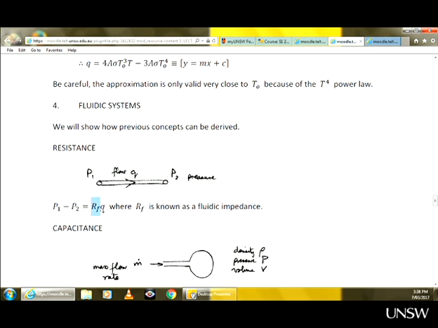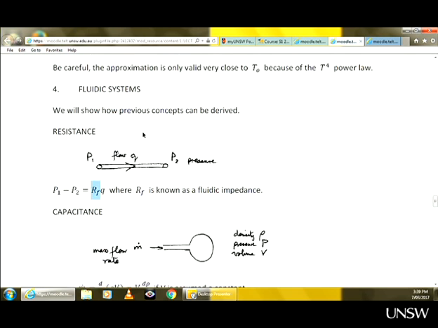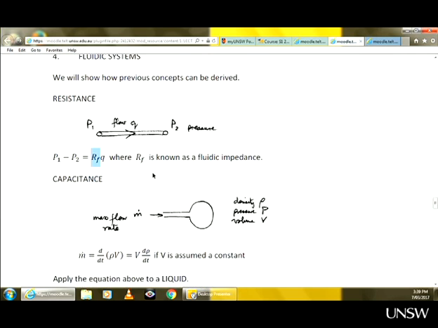It usually comes from the friction between the fluid and the walls of the pipe. Now, in this case, the fluid can be either liquid or a gas. Doesn't change very much.